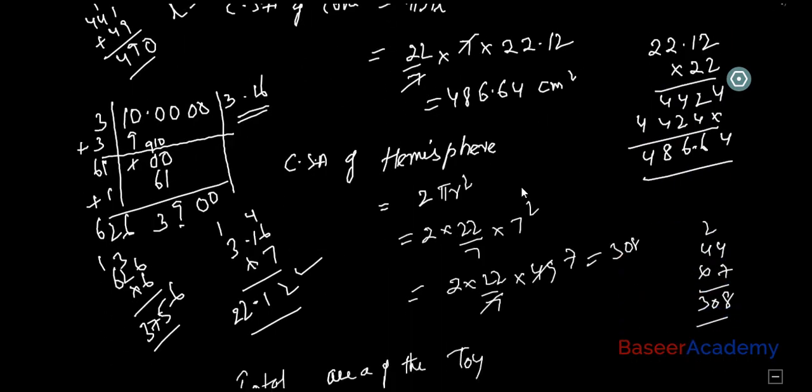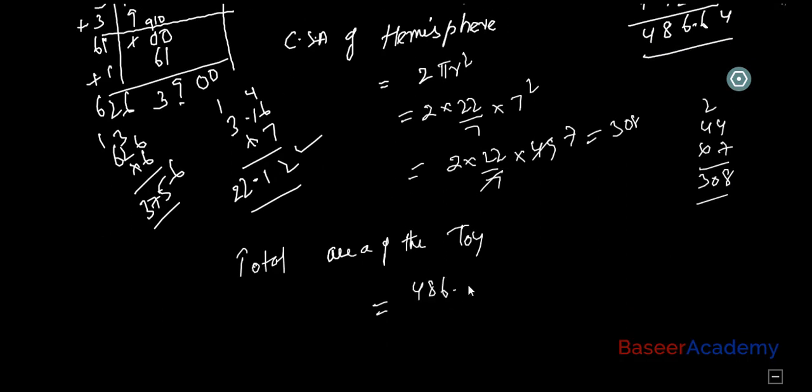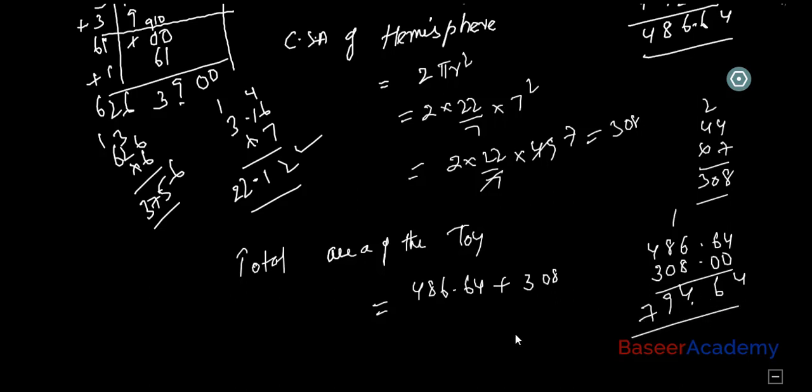Curved surface area of cone, I got it as 486.64, and this I got it as 308. Let me add them up. So that is 794.64 centimeter square.